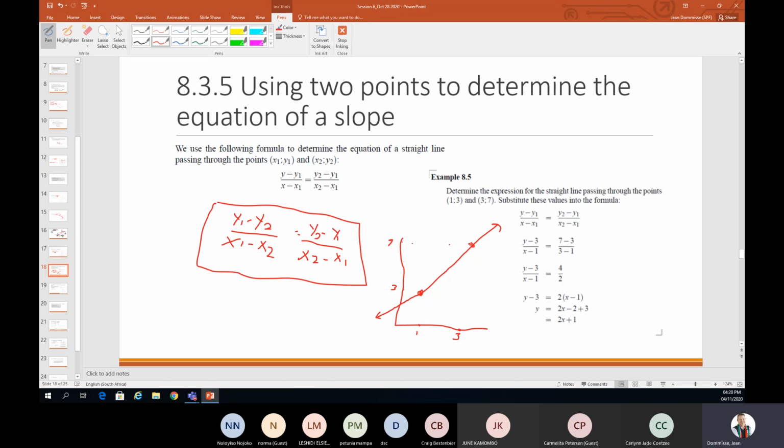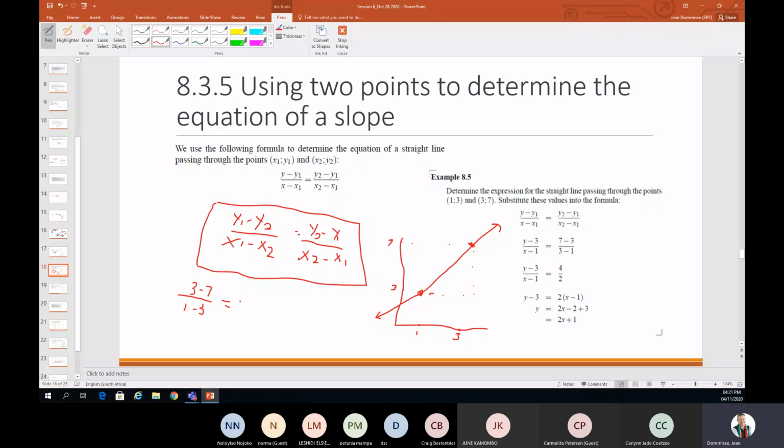So what you first need to do then is to calculate the slope. So we follow this process. So we could have said y1 is 3 minus y2 is 7, divided by x1, which is 1, minus 3.